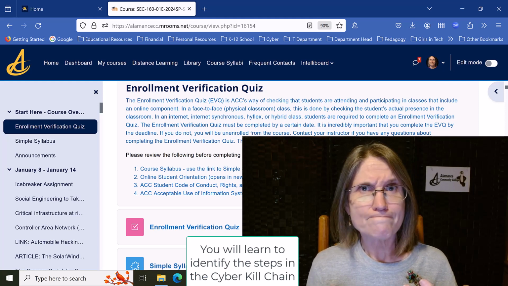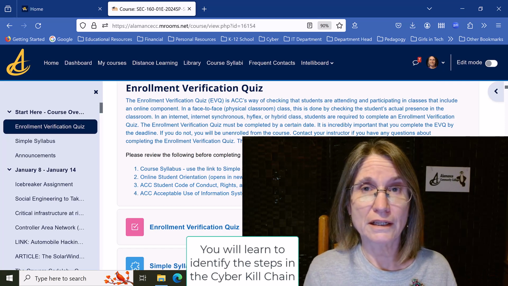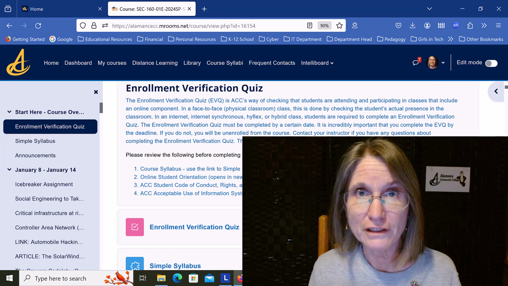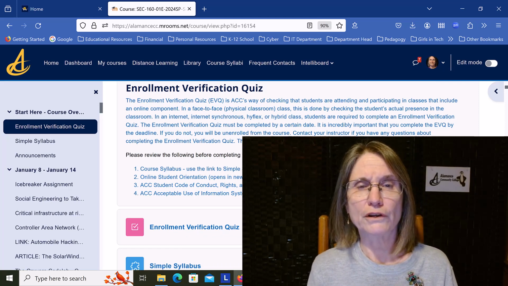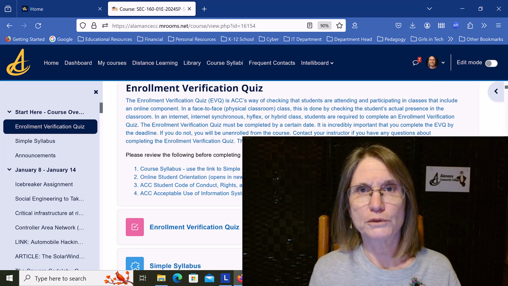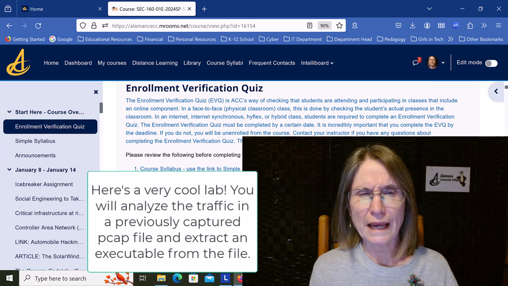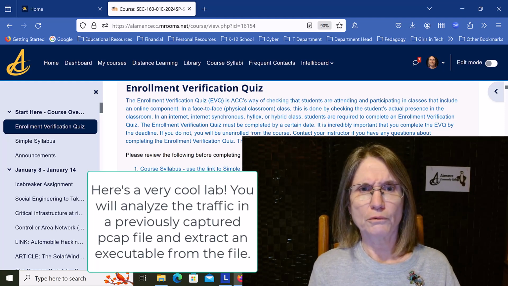You'll be involved in a lot of what I think are fun and interesting labs. So I encourage you to go all in and really absorb the material, thinking through the labs, not just mechanically doing the steps, but really understanding along the way.